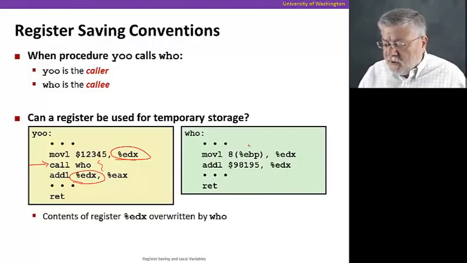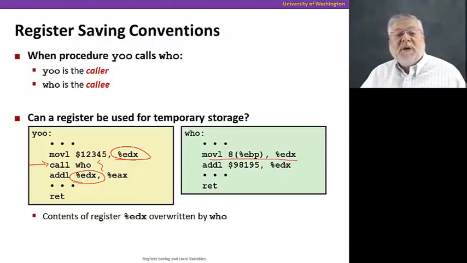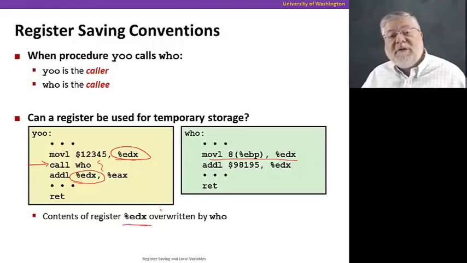In WHO, however, which might have been written by a different programmer, EDX might get a new value, and that would destroy the one that we had before, because there is only one register EDX in our CPU. Different procedures might use it, but it's the same physical register. So we have to make sure that the contents of that register, which is overwritten by WHO, gets saved somewhere before that happens.